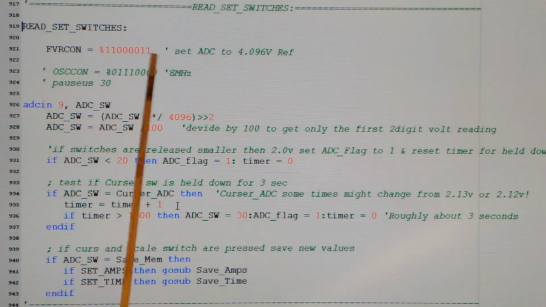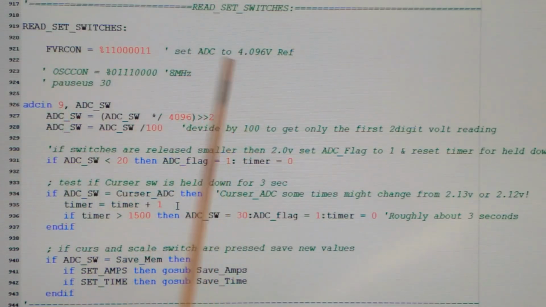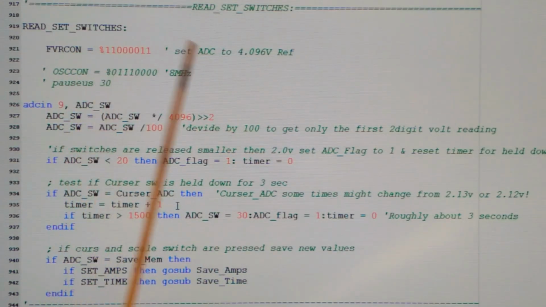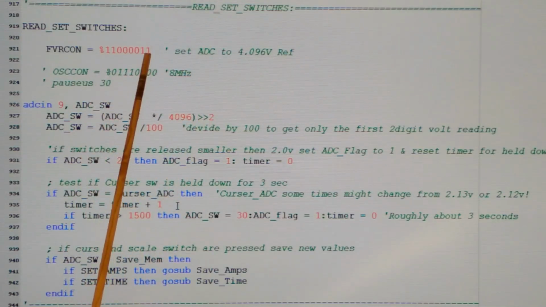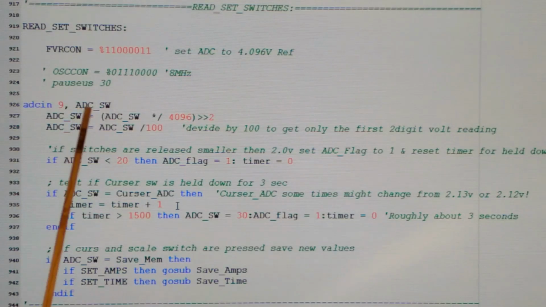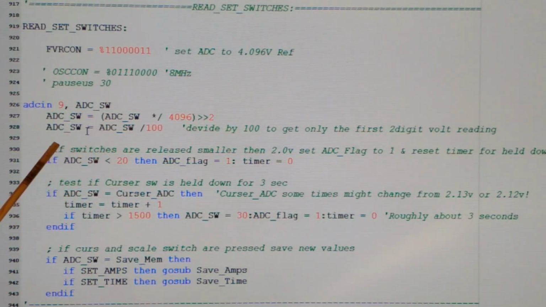And just in case your reference is not the correct one, I change the register here, which in fact I don't think I have to do, but I'd have to check. Anyway, ADC command, which is pin 9, that's the ADC to read your switches, and I'm putting that variable, the voltage, in ADC switch.